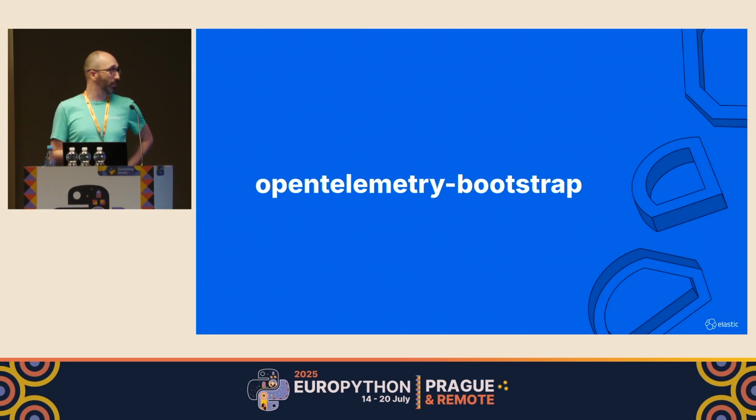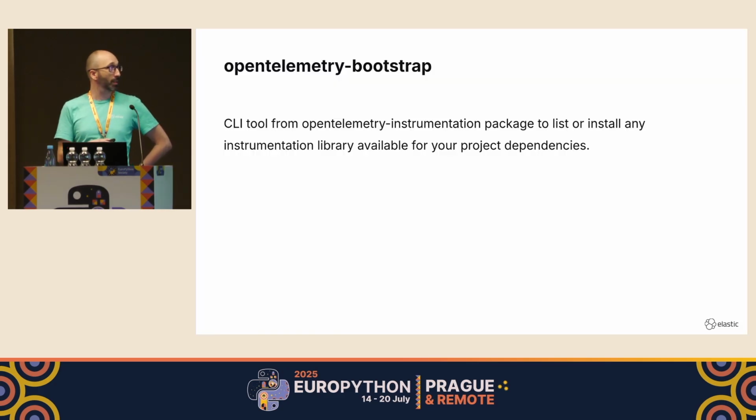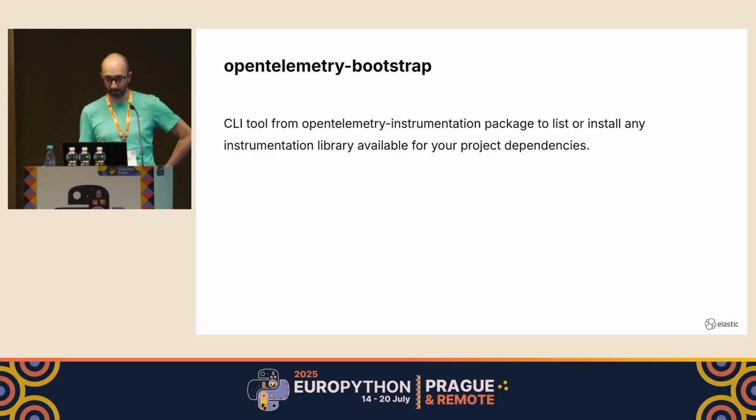The first tool we'll take a look at is opentelemetry-bootstrap. It is a CLI tool from the OpenTelemetry instrumentation package that is able to list or install any instrumentation available for your project dependencies.